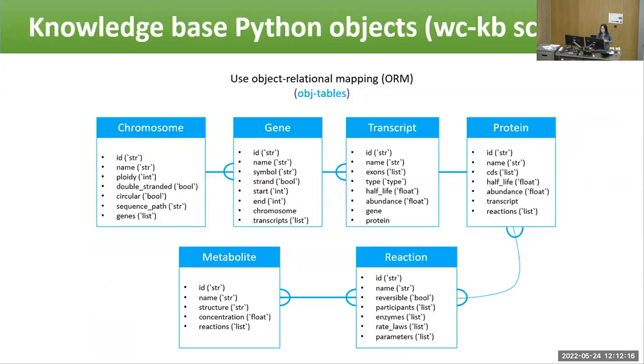I mentioned earlier the WCKB schema. WCKB was built upon another software package that we developed called ObjTables. This uses object relational mapping. The way it works is that we have different classes of information. For example, we have a class for chromosomes, and these are the attributes for the properties of members of these classes.